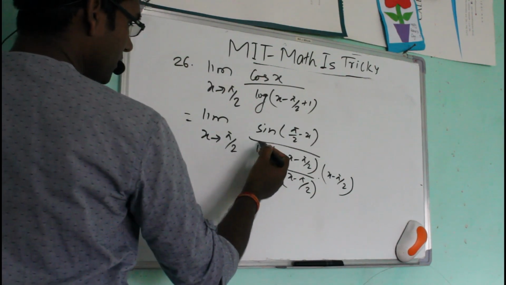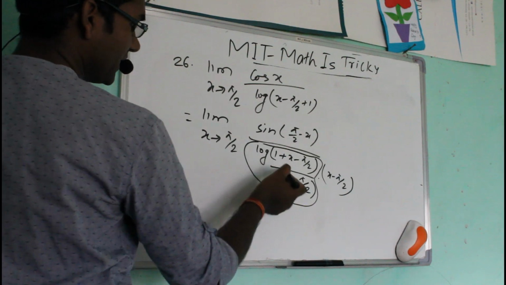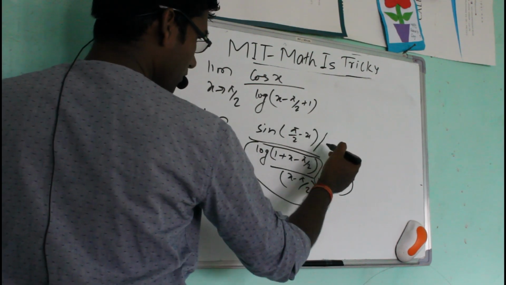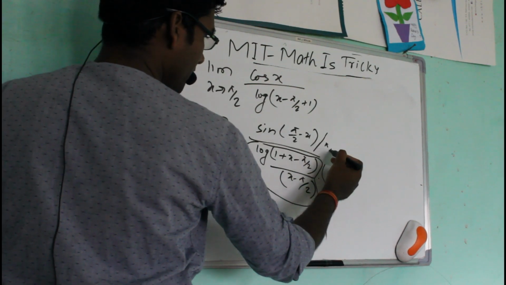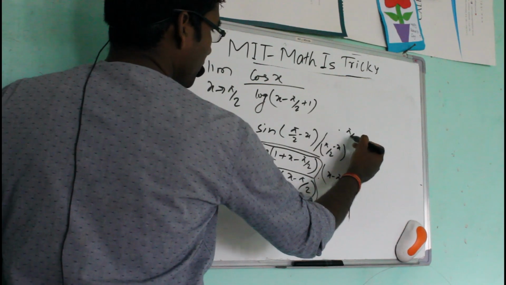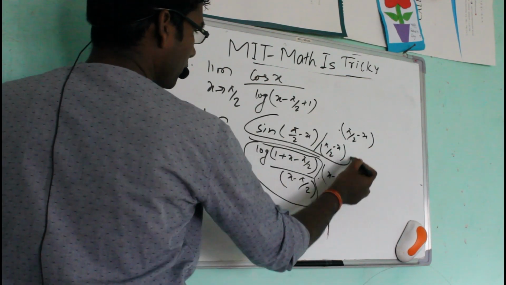So now this goes in the formula, and we'll get 1 for this. Now to use the numerator also in the formula, I'm writing pi by 2 minus x and then pi by 2 minus x, so that this also will give 1.